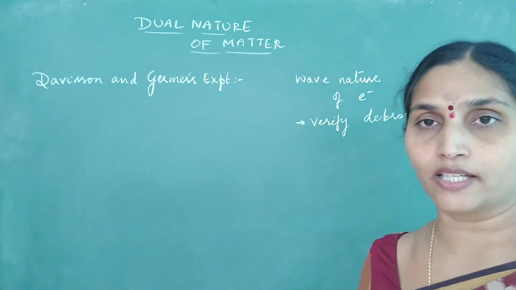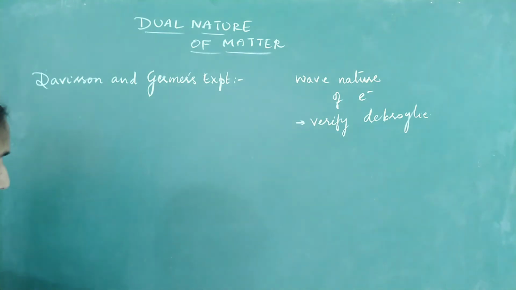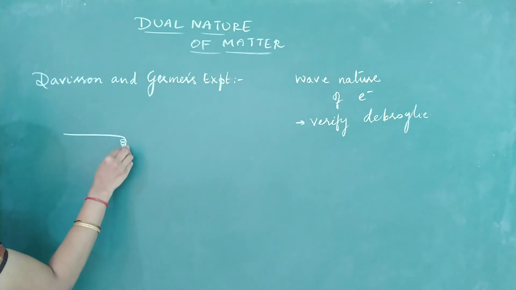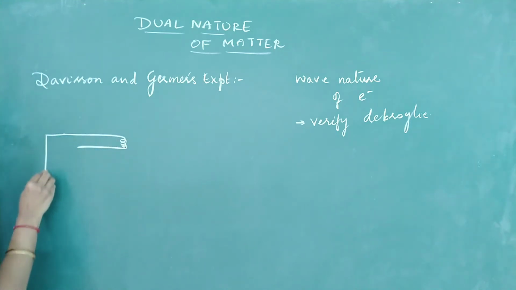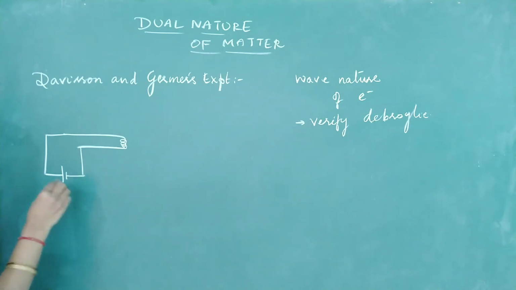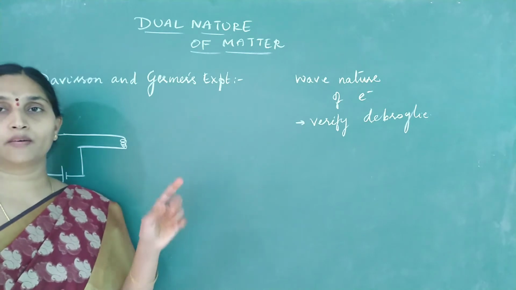wave nature of electrons. Coming to the experimental arrangement, it consists of a small electron gun. This is a filament which is connected to a low tension battery. When this battery heats the filament, it is going to emit electrons.